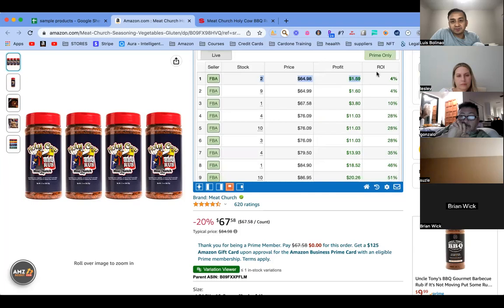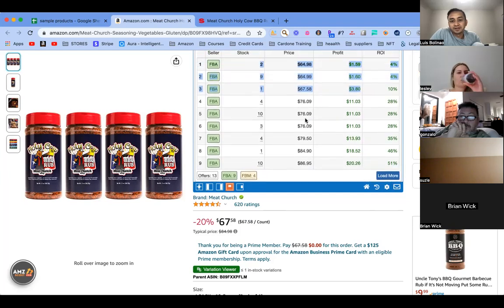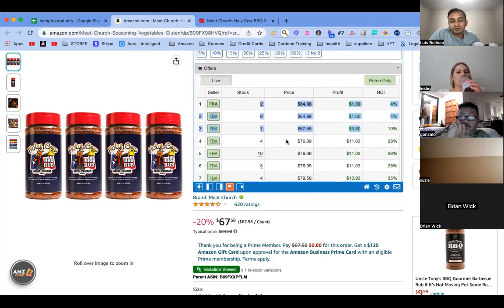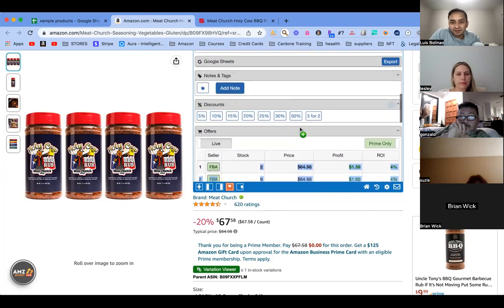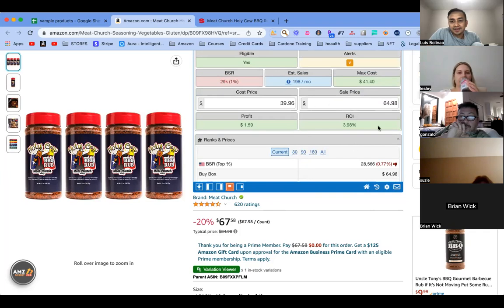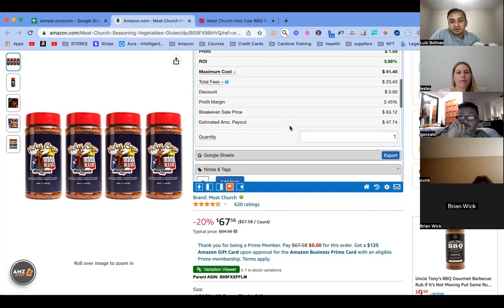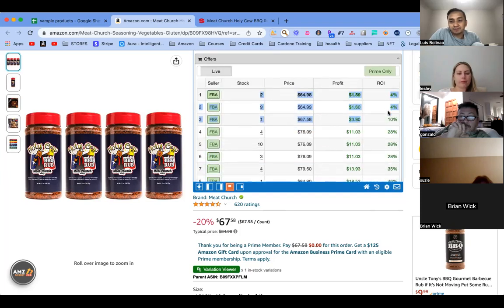I think these three people are just being impatient. You see it? They're dropping the price so low. But I think once these people are out of the listing, it should go back up. You guys agree? Yes. So, it's a personal choice. This one is at 3% ROI today, but if you look at this trend, it should go back up.